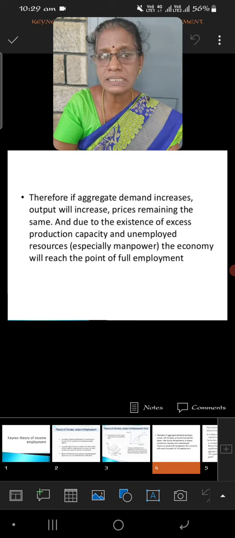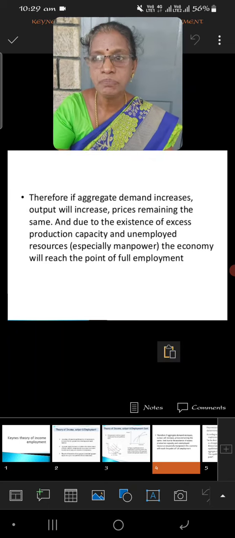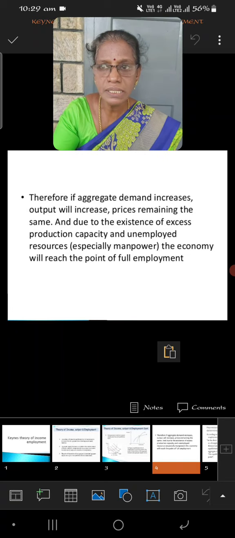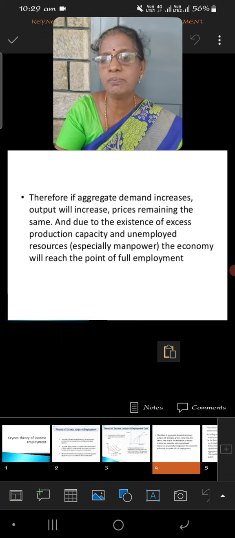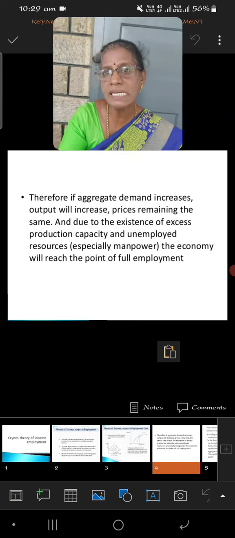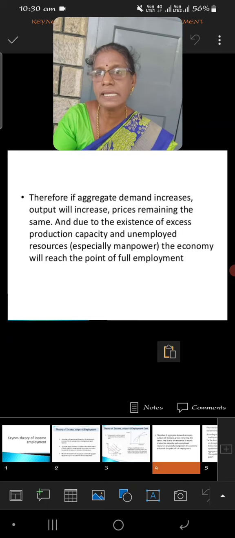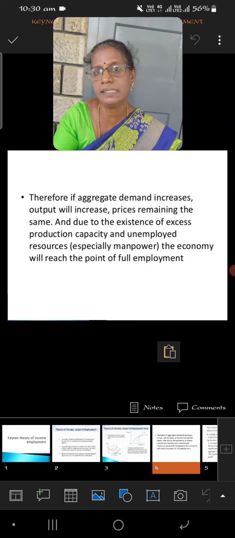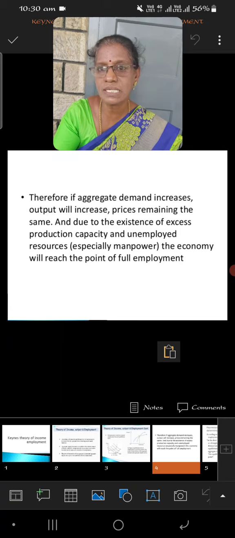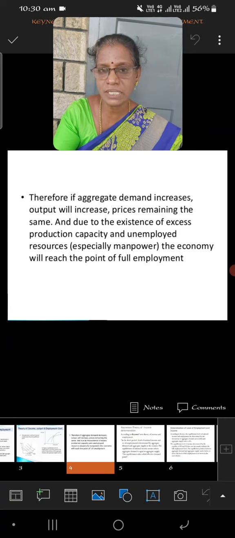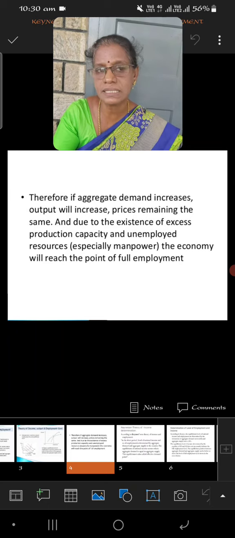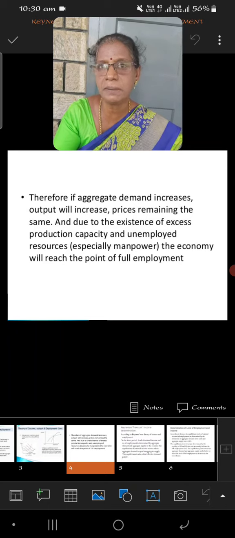How do we determine the aggregate supply? The entrepreneurs, with the help of employees, have produced a certain level of output. By selling the output, they get the receipt or the revenue. So this is called aggregate supply. So by equating aggregate demand and aggregate supply, we can restore the equilibrium point.